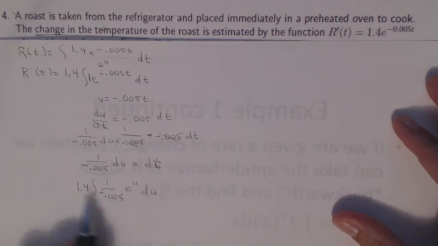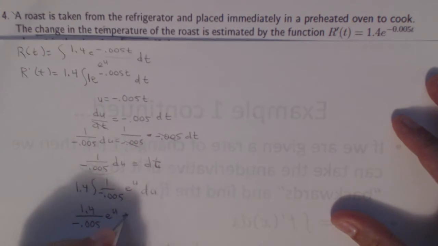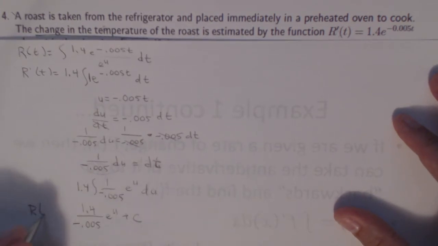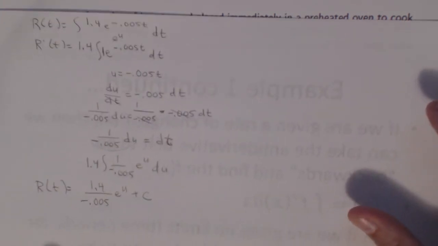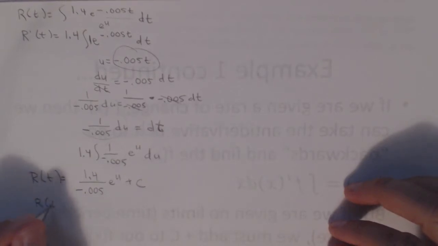So if I take this constant times that constant, I get 1.4 over negative 0.005 e to the u plus c. This is what r of t is equal to, but then the last step is to substitute back out, so that would be negative 1.4 over 0.005 e to the negative 0.005 t plus c.